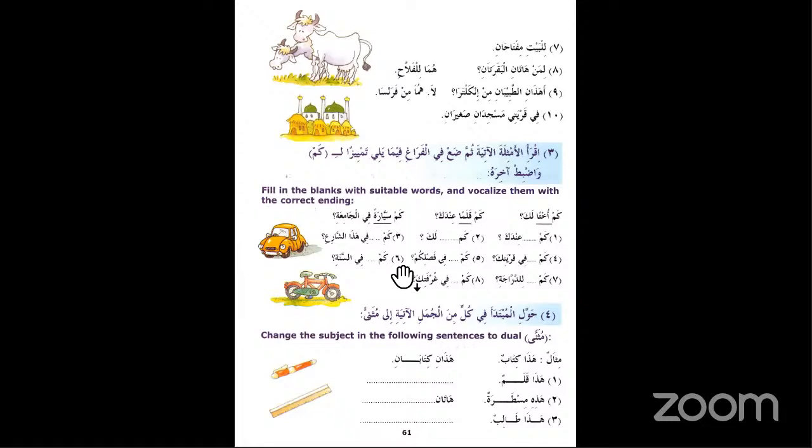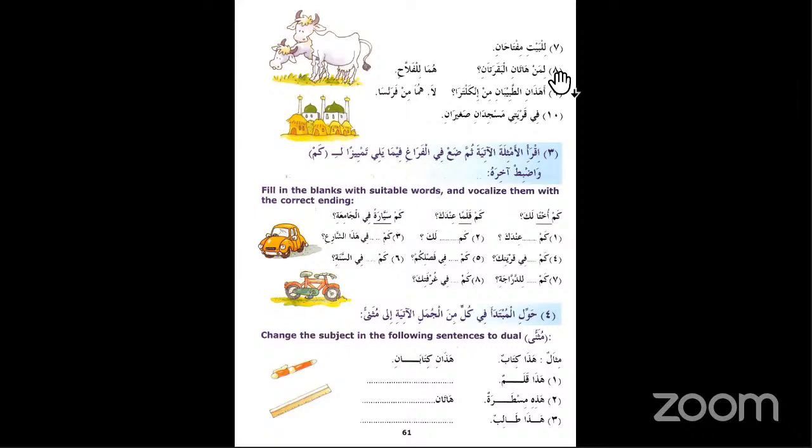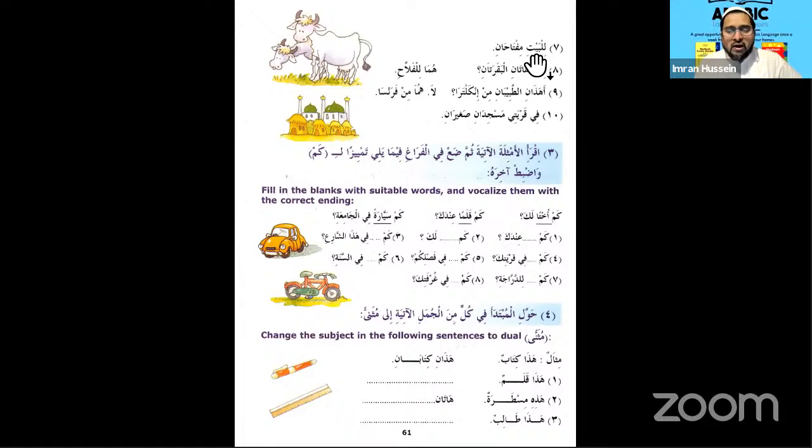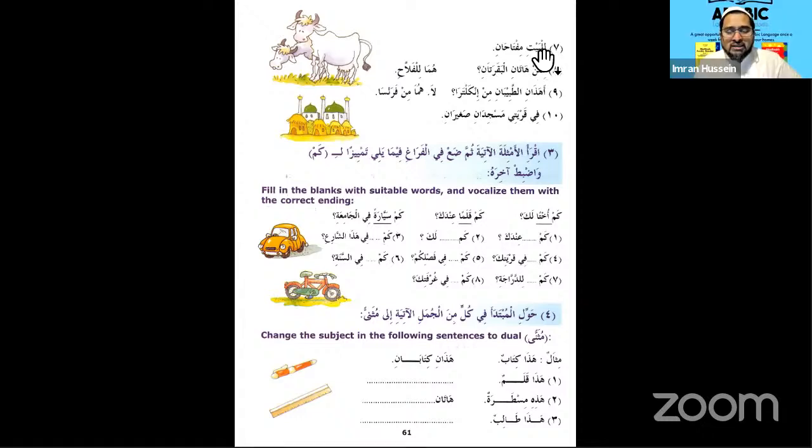Sir, lil bait will be for the house, for my house? Number 7, lil baiti miftahani. Yeah, lil baiti miftahani, for the house, because it's li and al-bait. So for the house are two keys.